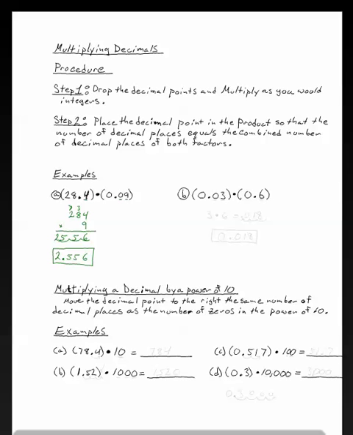In example B, we do the same thing. If we drop the decimal digits, then 0.03 becomes just 3, and 0.6 becomes 6. Well, 3 times 6 is 18. In our first number we have 2 decimal digits, and in our second we have 1 decimal digit, for a total of 3 decimal digits.